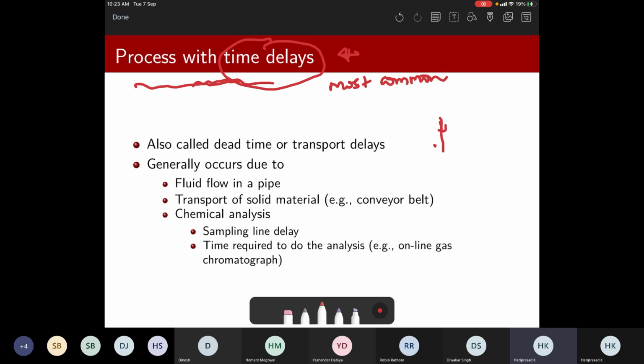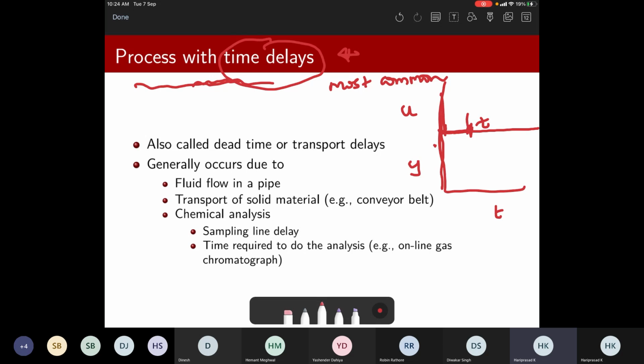So what I am trying to say is, let's say this is your input U with respect to time, and this is your output Y. Let's say this is the time, which I'll call T naught, when you are subjecting your input.